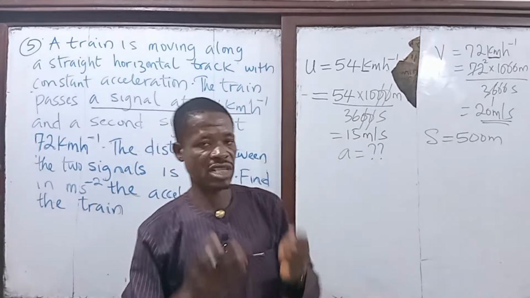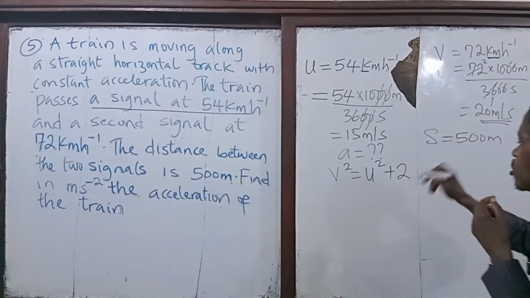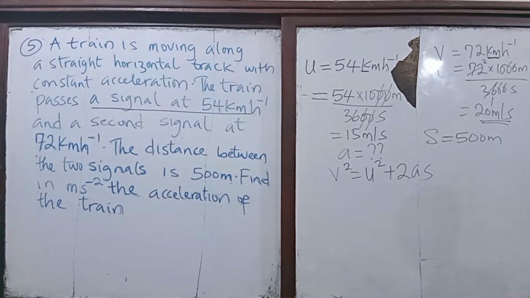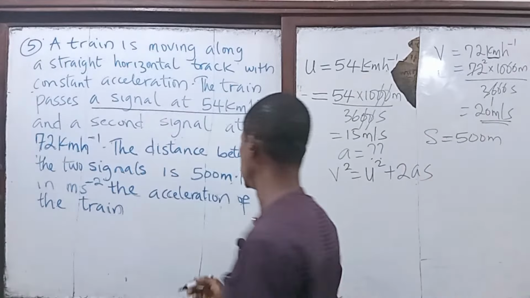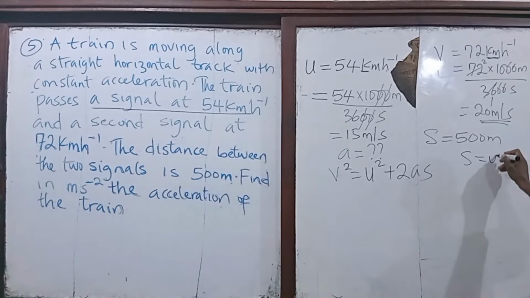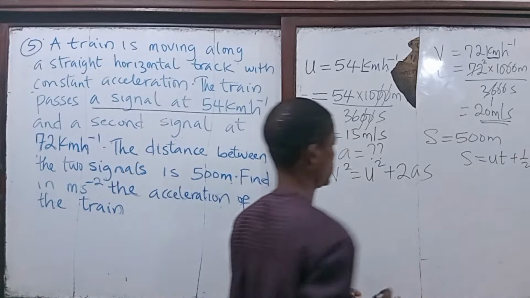V square equal to u squared plus 2ax. Let's try that. We know the v, we know the u, we know the distance, but we don't know the acceleration. So this is it. If you try the other one, this will not be applicable because we don't have the time.